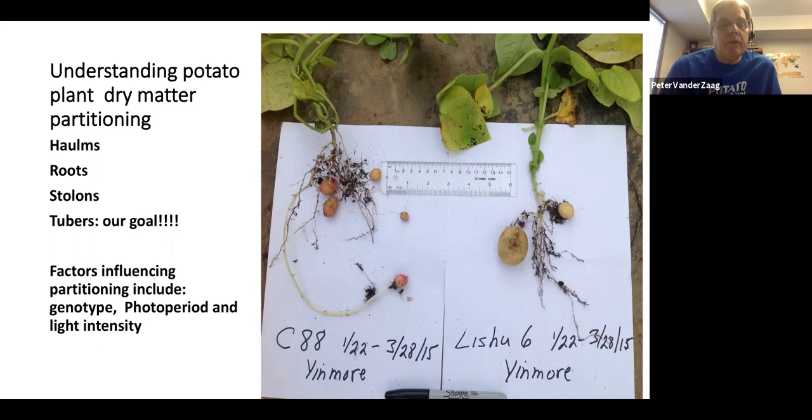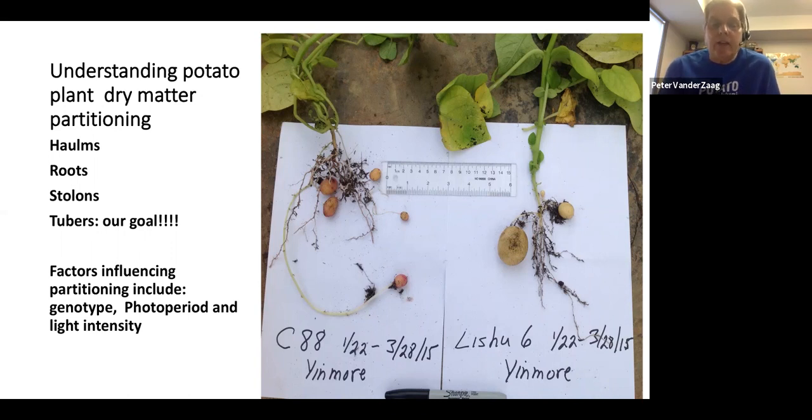We know that the genotype plays a very big role in this, what variety, and also day length or photoperiod and light intensity. Here's a picture of two small plants. You see the plant on your right has very short stolons, and the bottom leaves are yellowing, and it's producing tubers now at a very early stage in its development. The plant on the left has one very long stolon, which is very interesting.